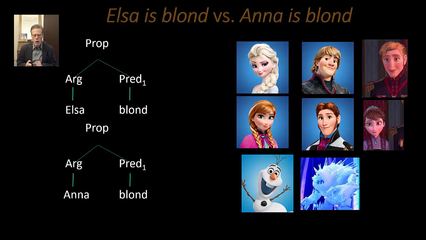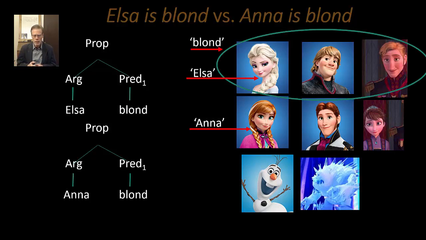Now, first of all, we need to figure out the reference for our two arguments. Elsa is the woman in the top left corner, and Anna is the woman right below her. Now we need to establish the reference set for blonde. The reference set is going to be all those individuals in our universe who are blonde.